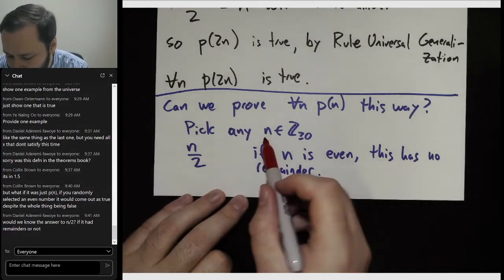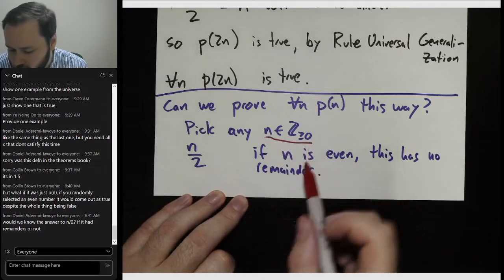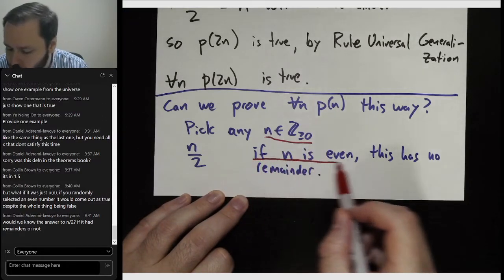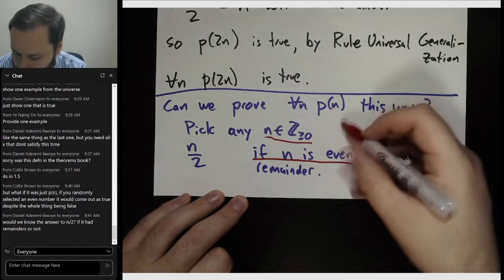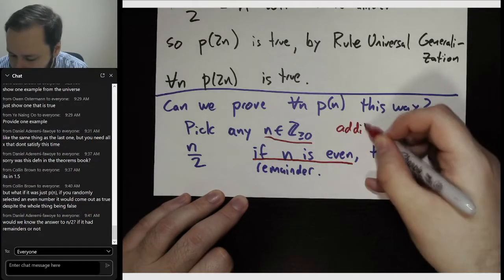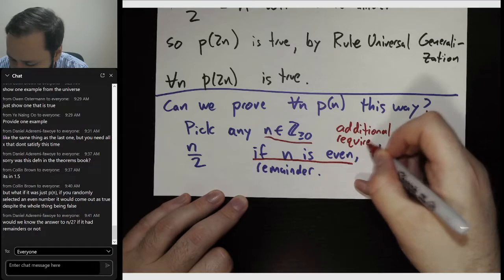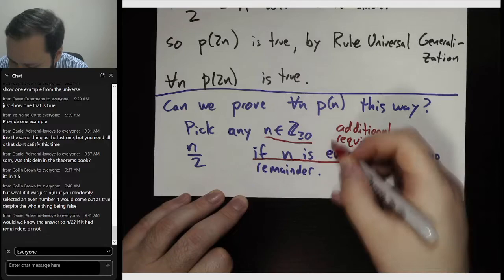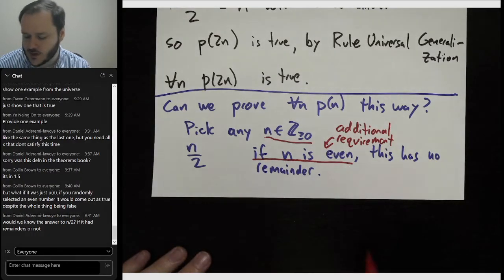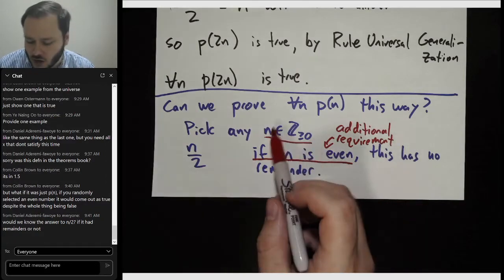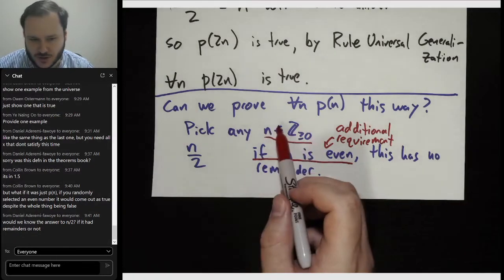I picked n to be any element of my universe, but then I had to add another requirement. It's this additional requirement that makes this proof break. Because I had to add a second requirement here, it's no longer true for any arbitrary n.